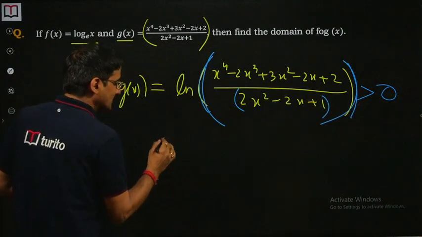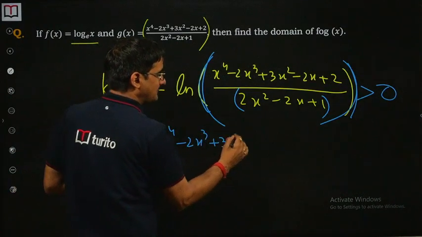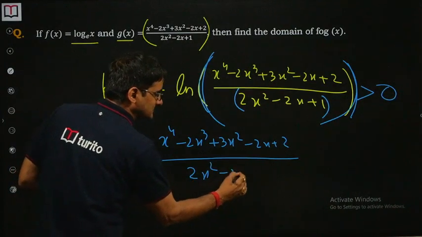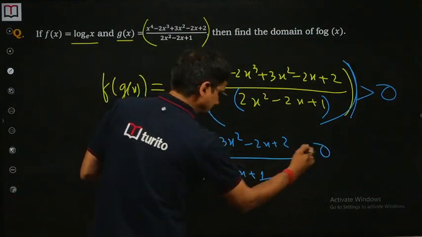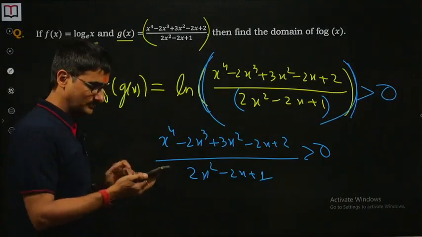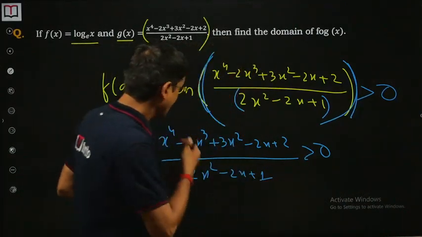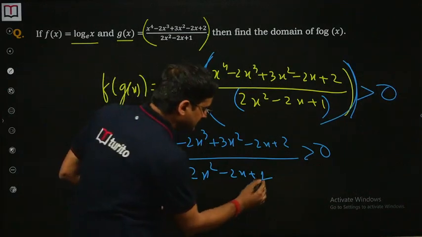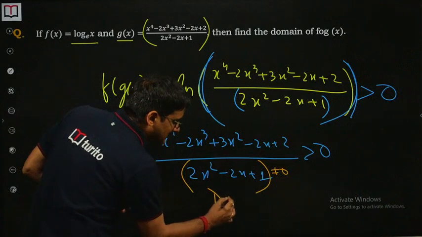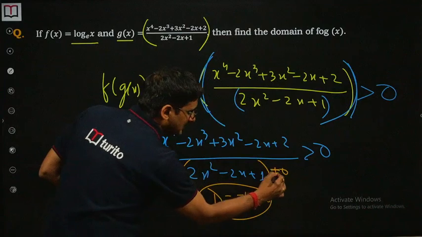So let's move ahead. So (x^4 - 2x^3 + 3x^2 - 2x + 2) upon (2x^2 - 2x + 1) should be greater than 0. Now tell me, how do we solve it? First thing, as I said, the denominator shouldn't be 0, but look at this quadratic. Its discriminant, b square minus 4ac, is minus 4, negative, so this can't be 0.